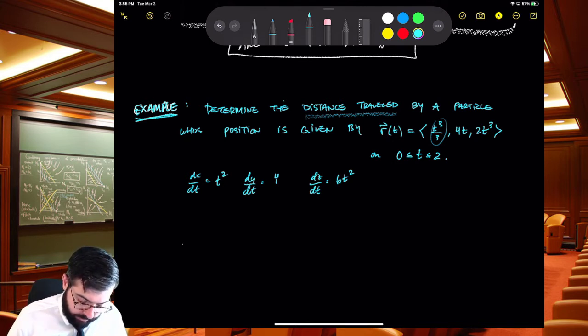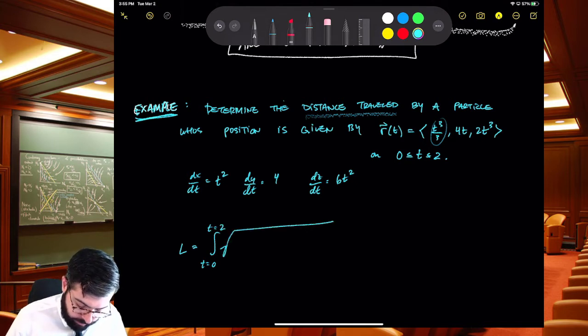So then the distance traveled is going to be that length from t equals 0 to t equals 2. The square root of t squared squared plus 4 squared plus 6t squared squared.